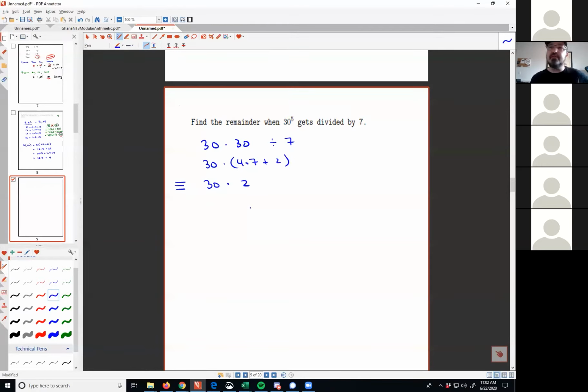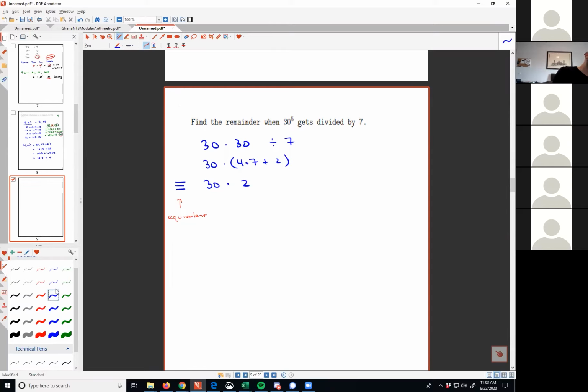Right? And I write those 3 bars and I say equivalent instead of equal, because 30 times 30 is not equal to 30 times 2, but they are equivalent in the sense that if our goal is only to find the remainder, they have the same remainder when we divide by 7.